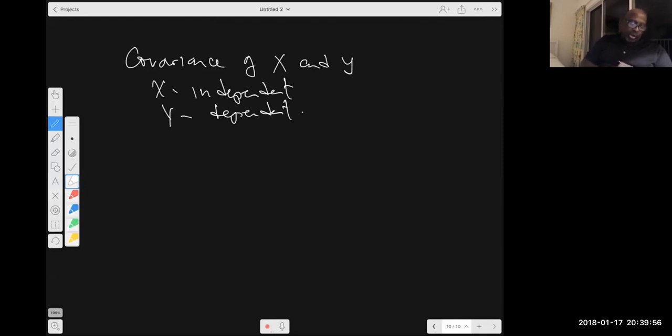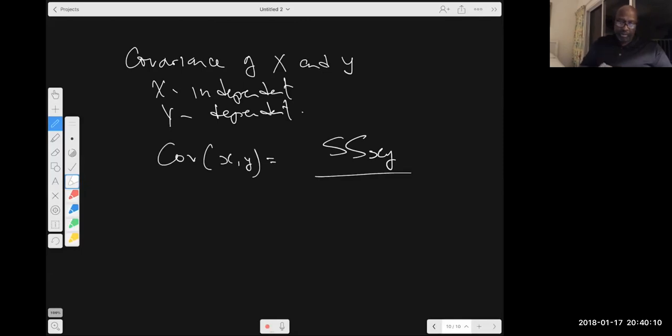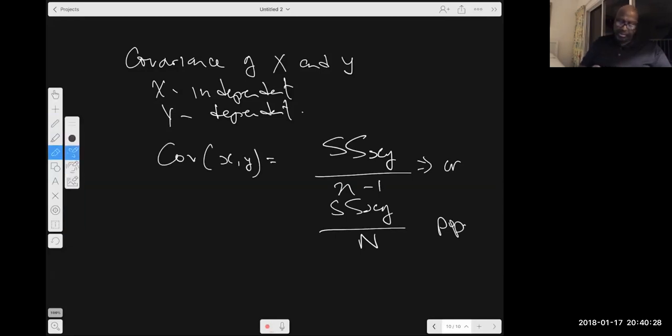And so cov x, y is essentially what we call SSXY over n minus 1 if it is sample, or SSXY over capital N if it's population. So population, this here is sample.